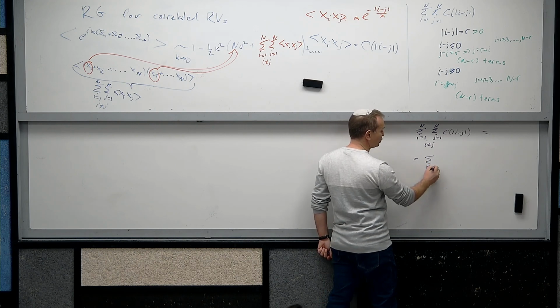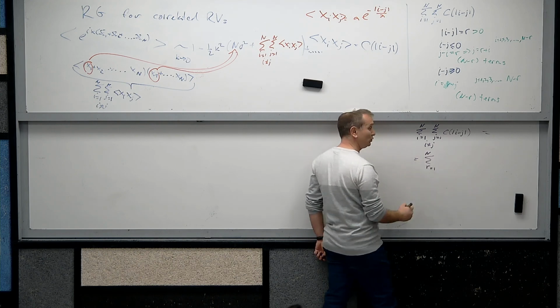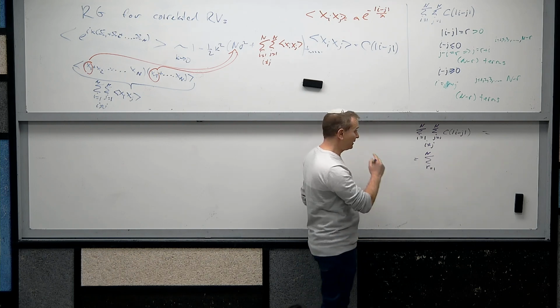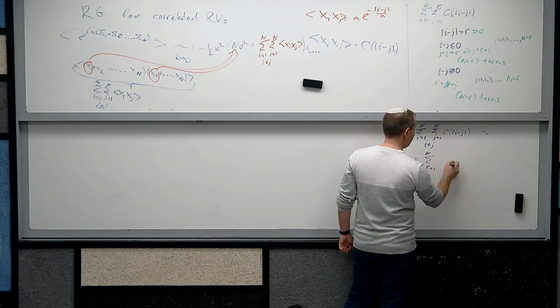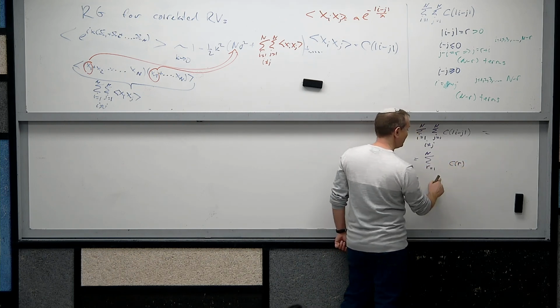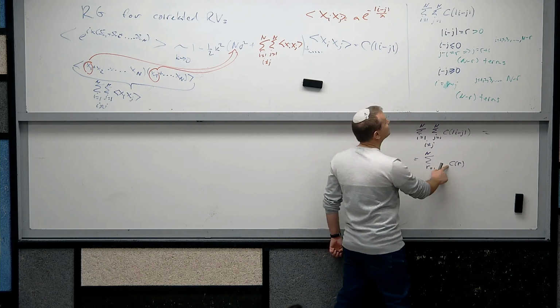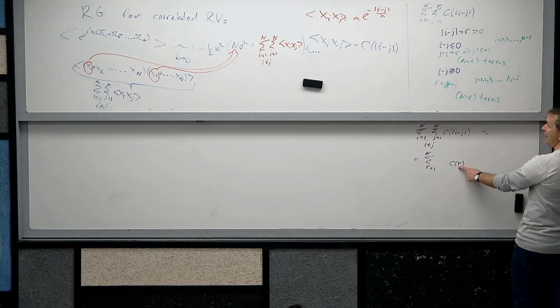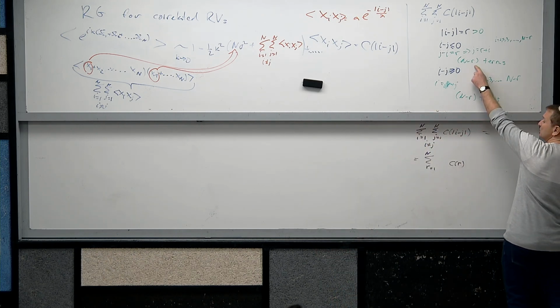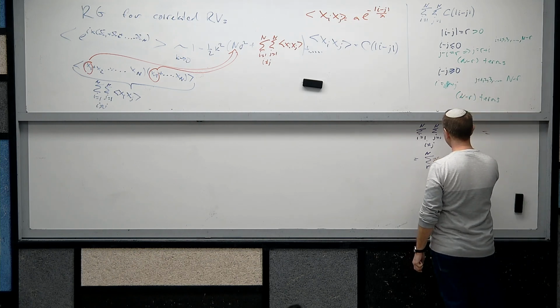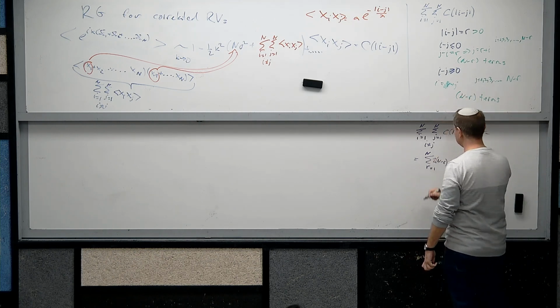Of r goes from 1 to n of c of r, and how many terms do I have for any r? n minus r plus n minus r, so 2(n minus r) terms.